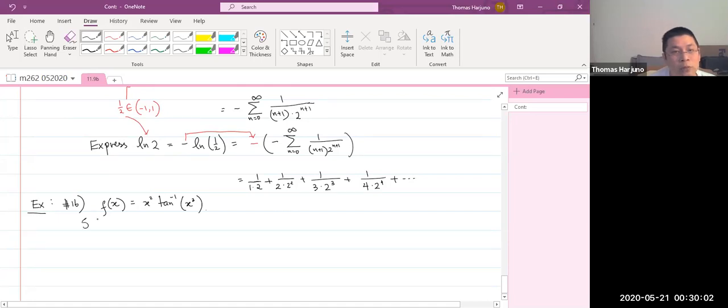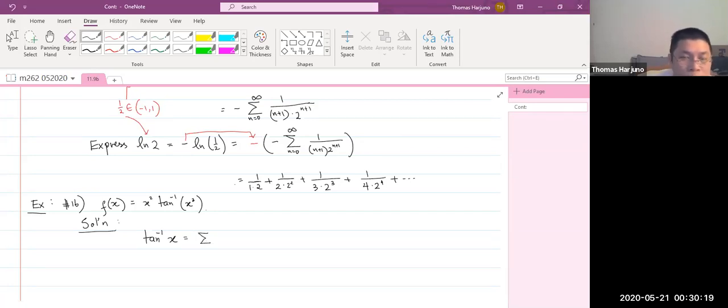Solution. Do you remember the power series representation for tangent inverse x? If you don't memorize it, then you have to develop that yourself, or cheat from the book, or cheat from the notes, right? But I remember that it's the integral of this guy.